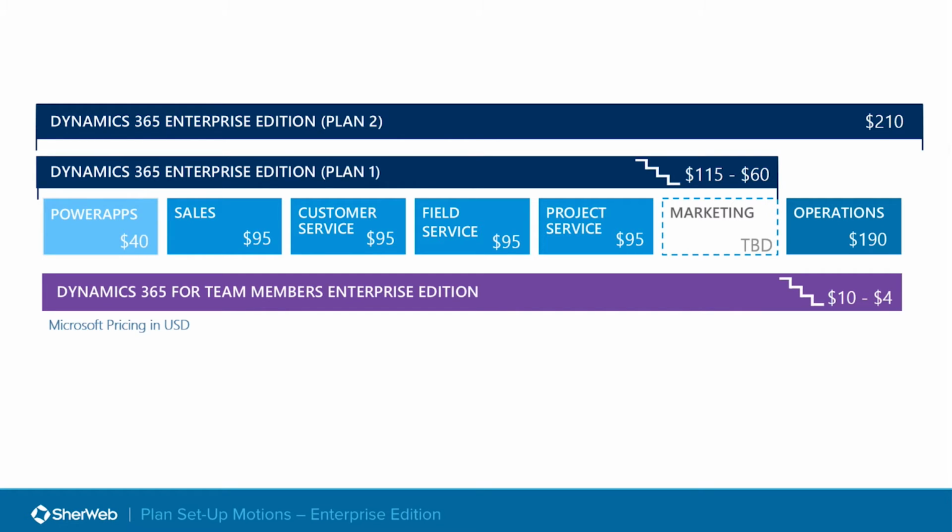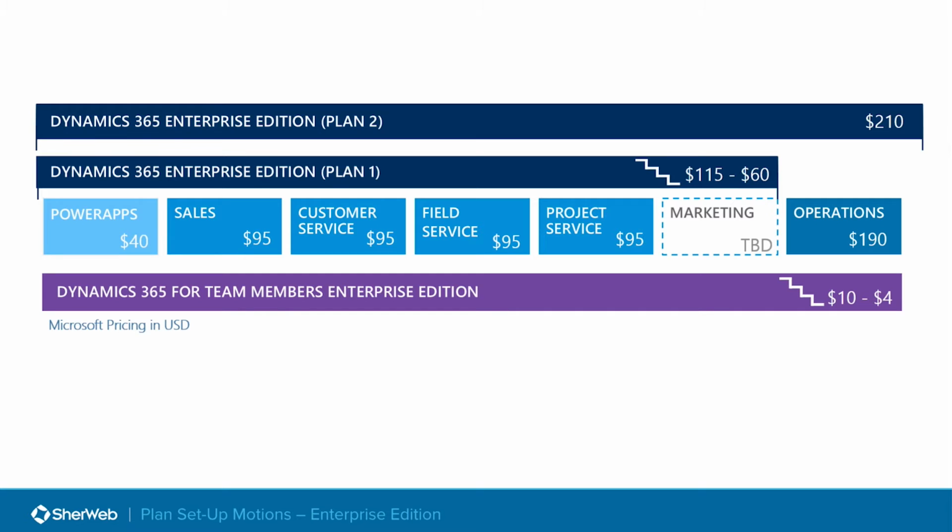As you can see, beside plan 1 and team member, you have a stair. That means tiered pricing. So when you go over 100 users, your pricing will be discounted depending on the volume. Something very important to keep in mind, when you are close to 100 users, you better go to plan 1 than to go to a single application. Because over 100 users, plan 1 is $90, okay?